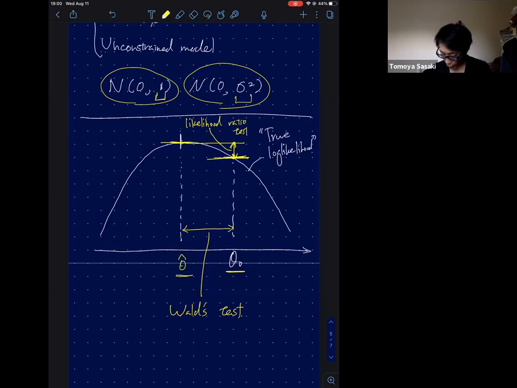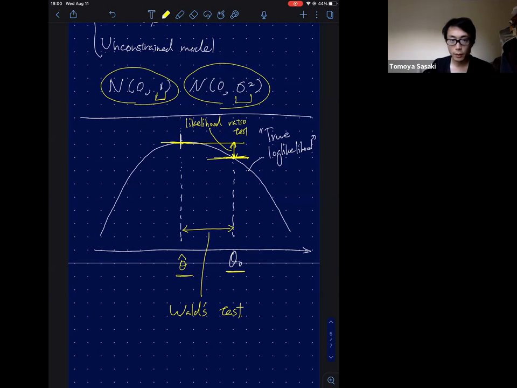Wald's test asks whether the theta hat we get is far enough from the theta naught we assume in the hypothesis. The likelihood ratio test compares whether the likelihood we get at theta naught is how large or how small compared to that at theta hat that we get from the data. That's a visual understanding of these two tests.